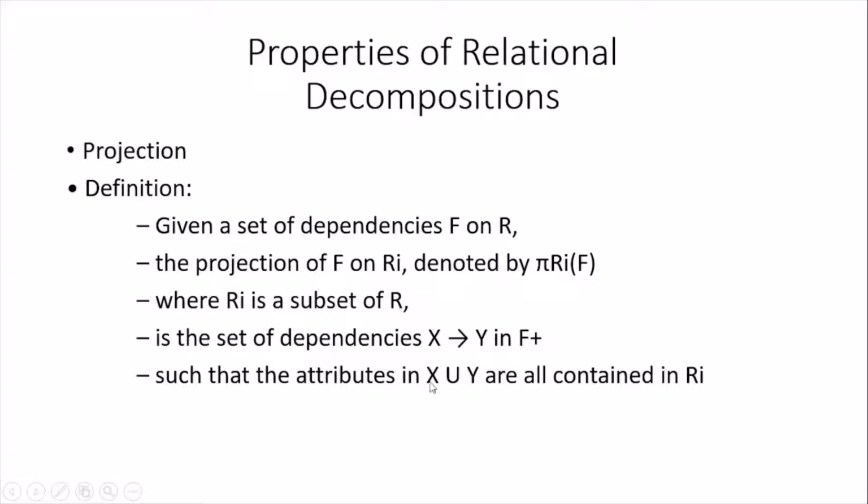When you take their union, x union y, all these attributes are contained in the relation Ri we are talking about. So if this functional dependency has left hand side x and right hand side y, and the attributes corresponding to x and y are in Ri, then you can return it as the projection of F on Ri. You can take all such dependencies from this F plus, and that set is pi Ri of F.